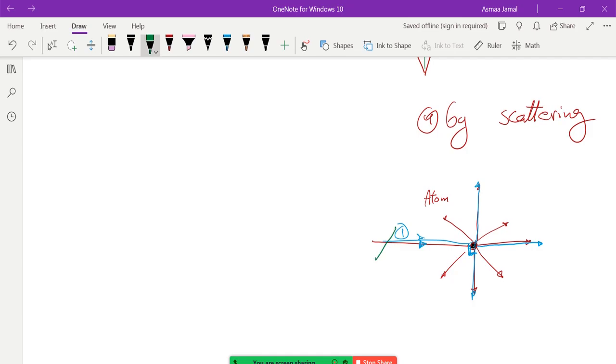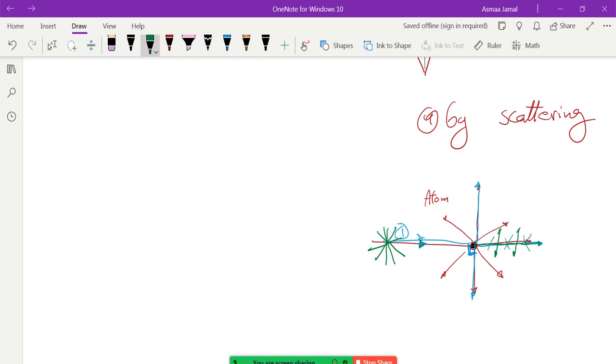Here we have the incident light with the different vibration. The light in the same direction as the incident light, this one, will be partially polarized, which means only part of it will be polarized. We will have different directions only.